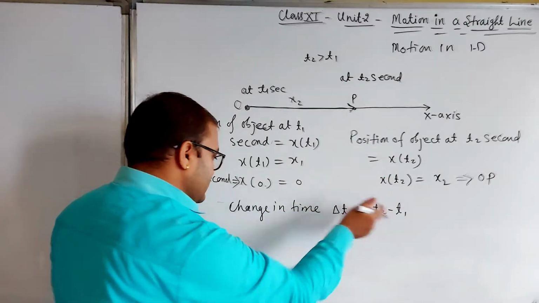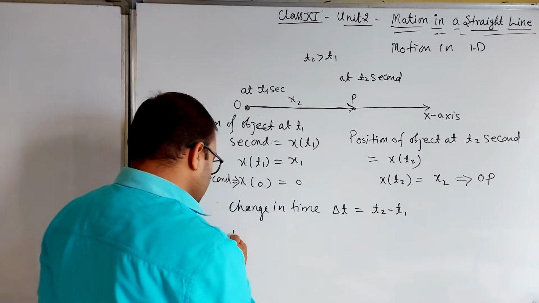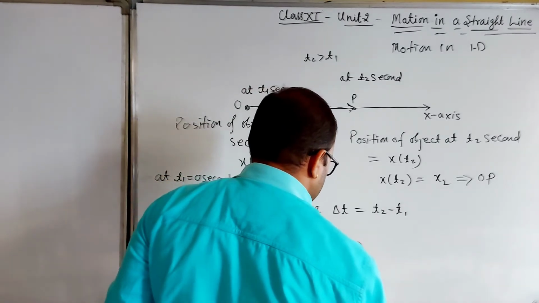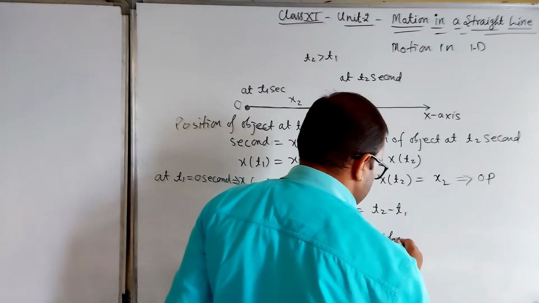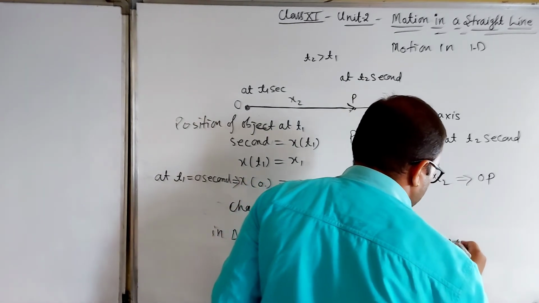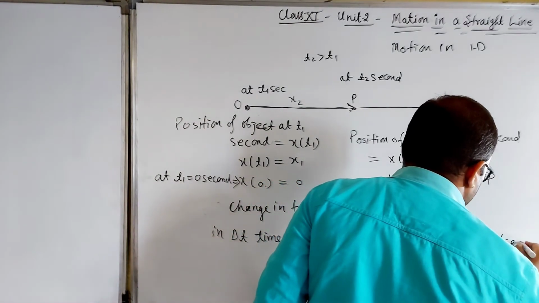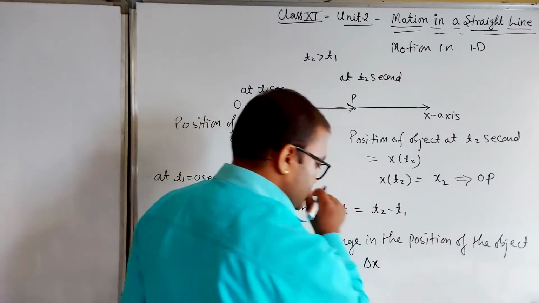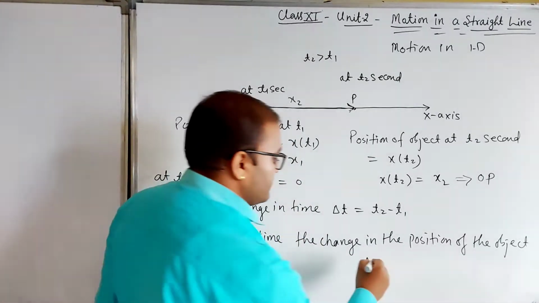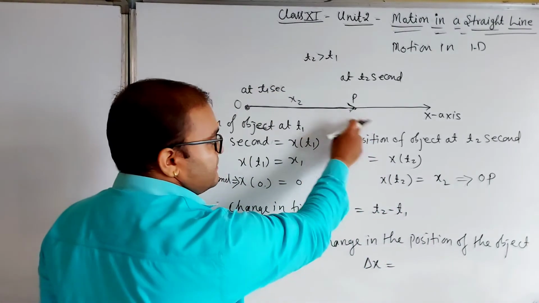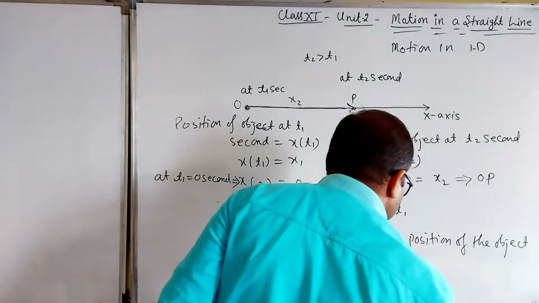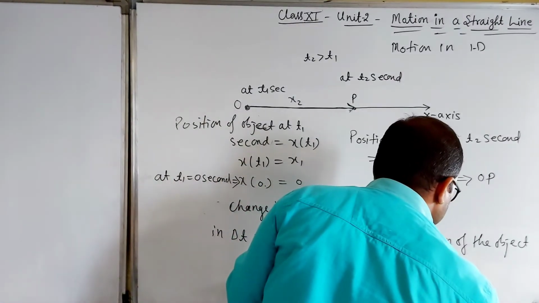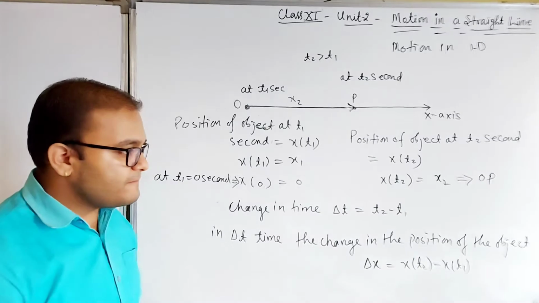Okay, and in delta t time, the change in the position of the object we can write as delta x. Delta x is the change, and what is the change? The final position is x(t2), minus the initial position x(t1). We can write this as x(t2) minus x(t1). Okay.